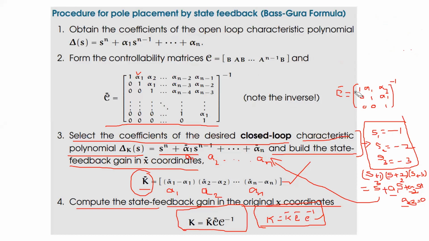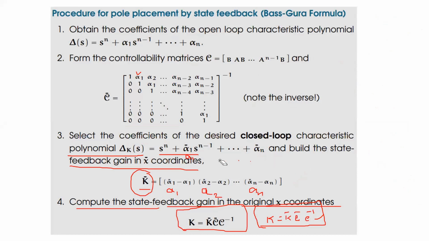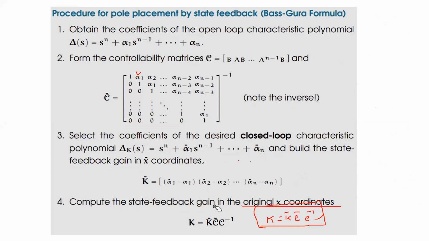Find the controllability matrix from Kalman's method. What is the second one? From the controllability matrix, we have to find the E bar matrix. What is E bar? E bar is one standard formula. Actually, it is not a formula. This comes under the modal matrix.